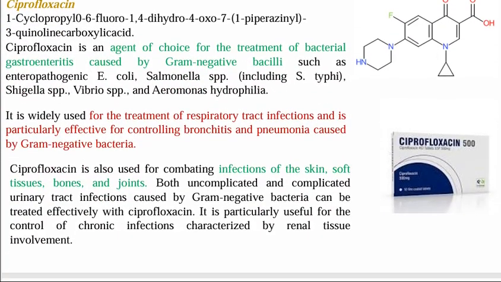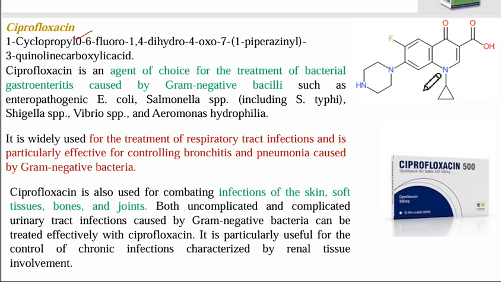The next drug we have is ciprofloxacin, very well known. Ciprofloxacin and enoxacin differ by this cyclopropyl ring, and the other substitution conditions like the 6-fluoro, the piperazine ring and the 3-carboxylic acid are satisfied.